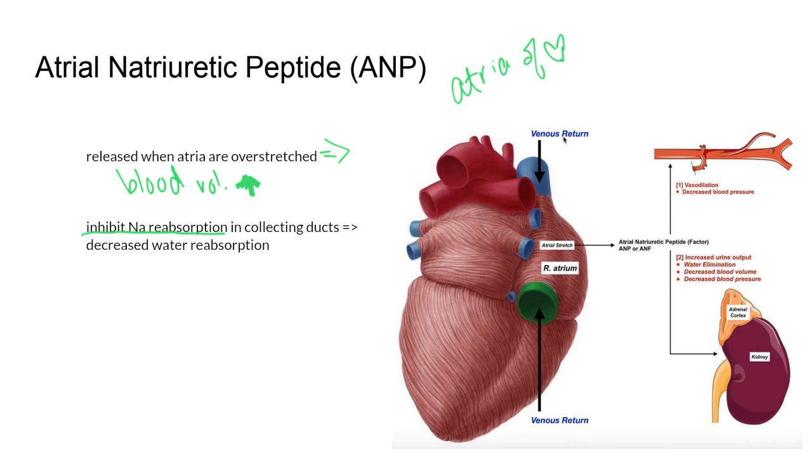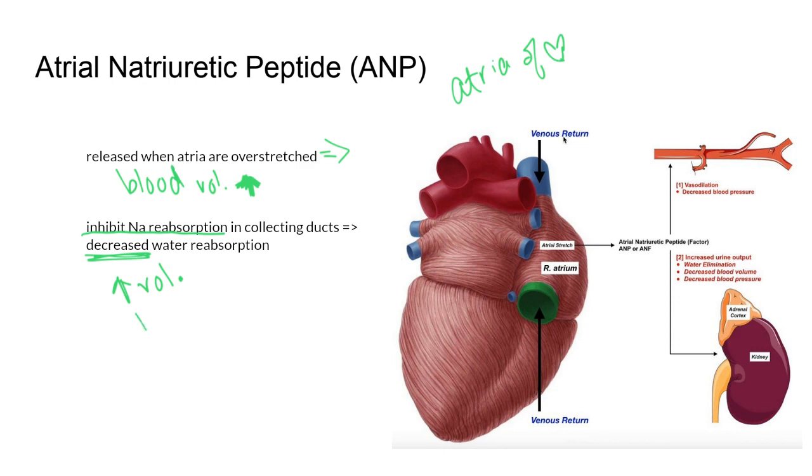The opposite of aldosterone: if I'm not reabsorbing the sodium, then the water will stay with the sodium. So I get a decrease in water reabsorption as well, which will increase the volume of the urine.